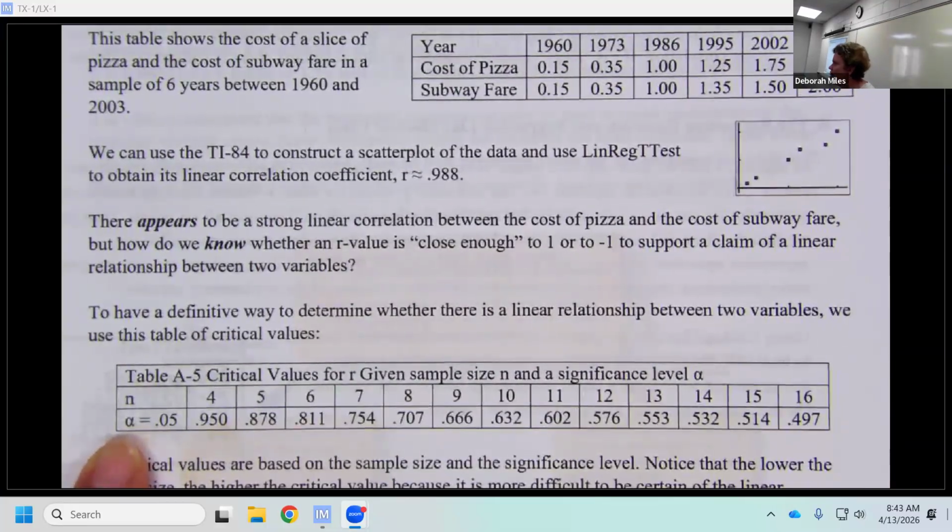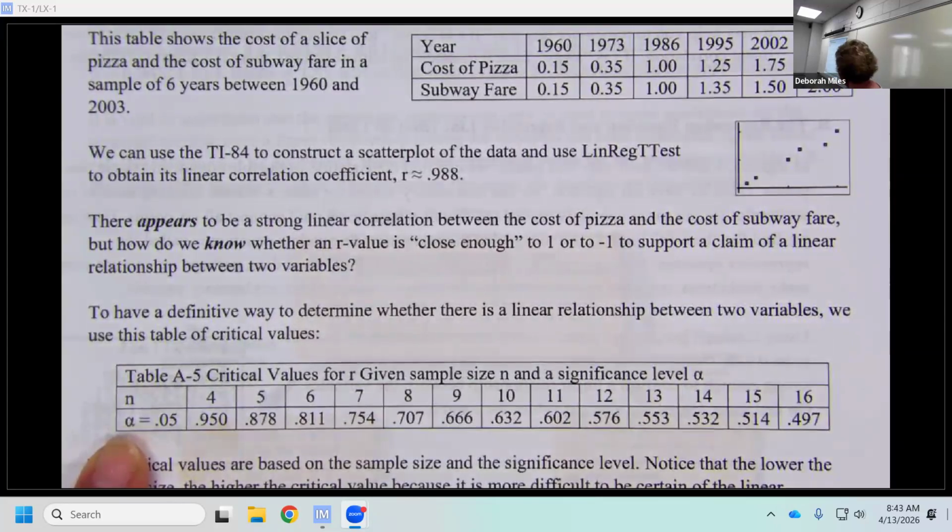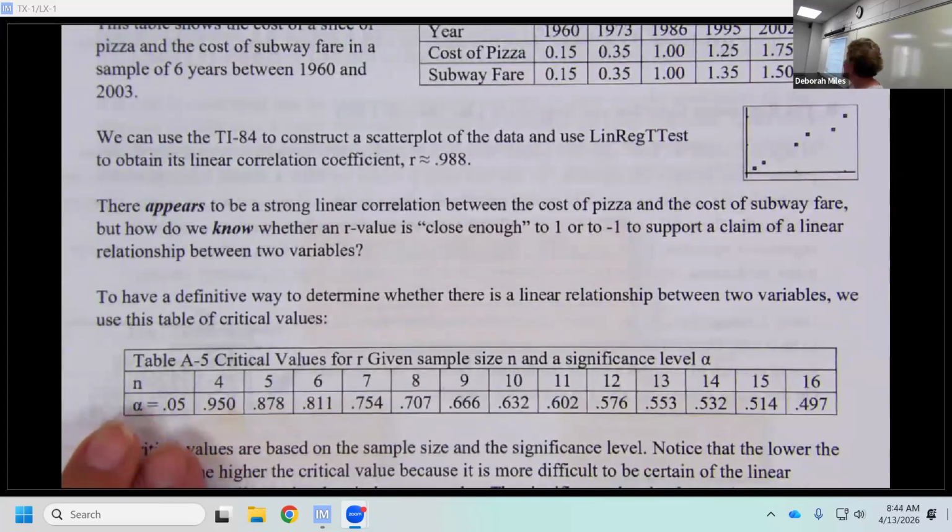If it's a life and death thing, you might want to use 99% as your confidence level. But if it's just a matter of, no, I need to make this decision, but nobody's going to live or die, then maybe a 90% confidence level is enough. But for this table, we're only going to be using a 95% confidence level, which is a 0.05 significance level.